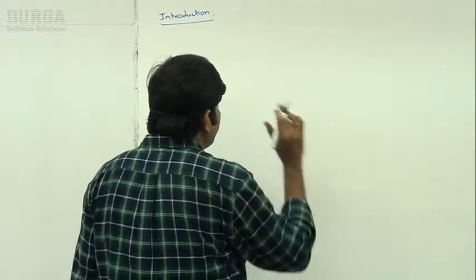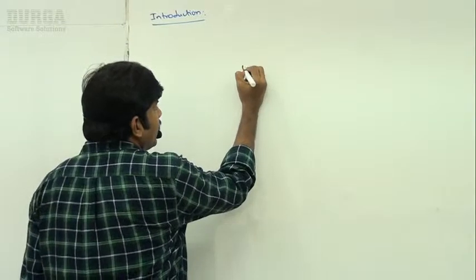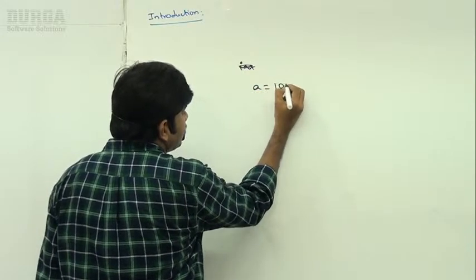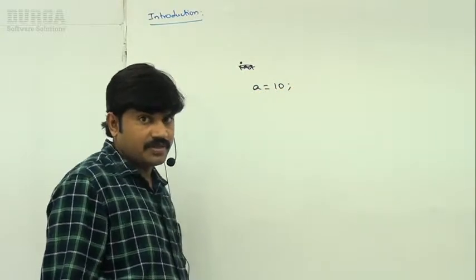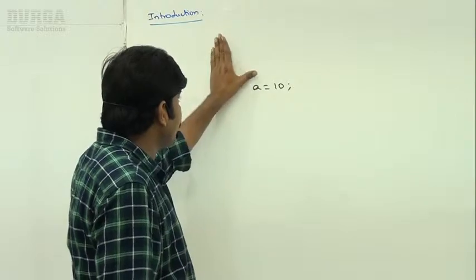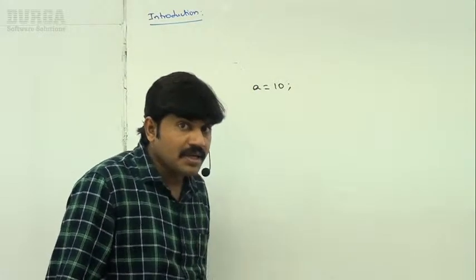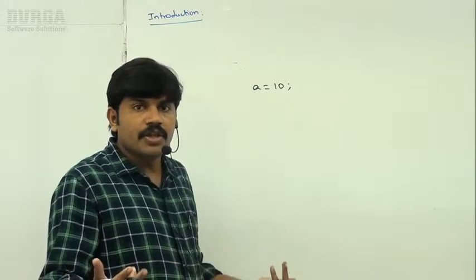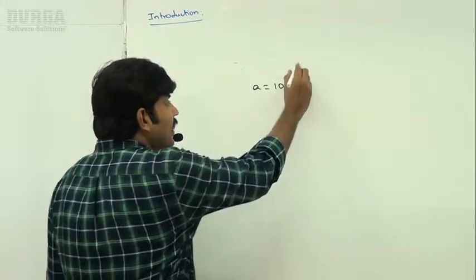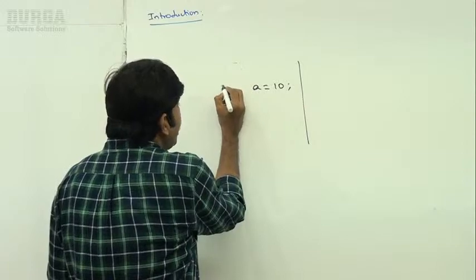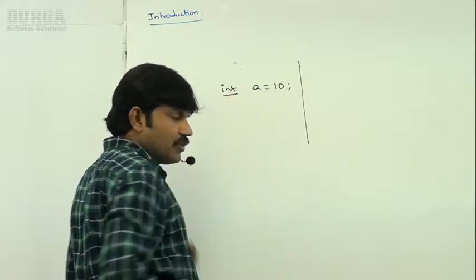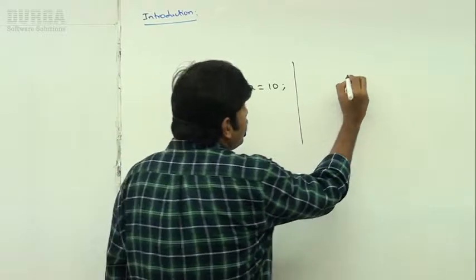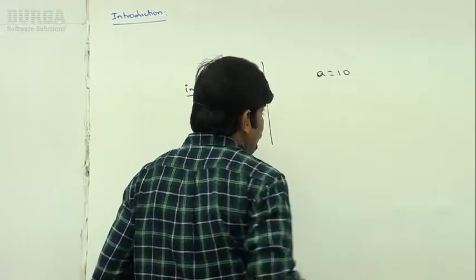In Java, if you consider int a = 10, observe very carefully: if I take a = 10, immediately error. Hey, what is the type of a? Where did you declare the type? Type compulsory we have to declare, otherwise errors.